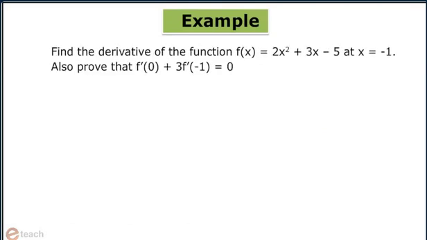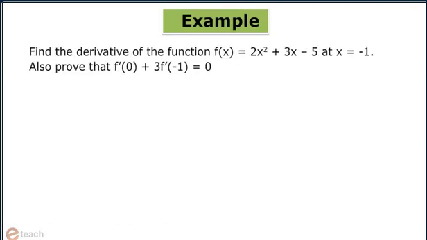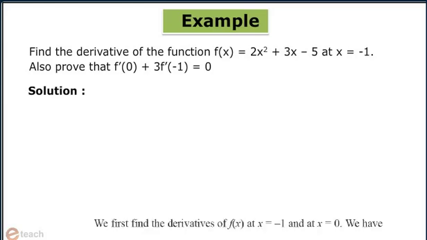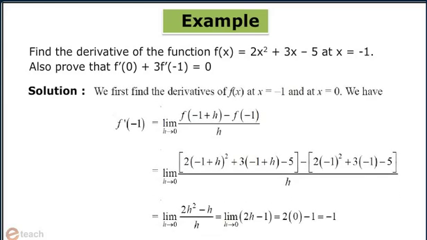Example: find the derivative of the function f(x) equals 2x square plus 3x minus 5 at x equal to minus 1. Also prove that f dash 0 plus 3 f dash minus 1 equals 0. Solution. We first find the derivatives of f(x) at x equal to minus 1 and at x equal to 0.